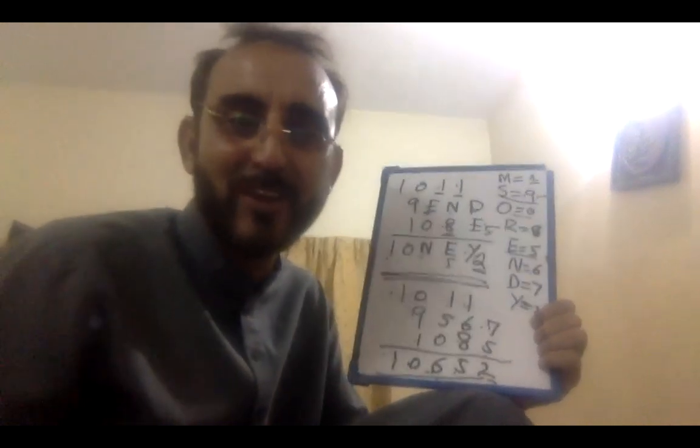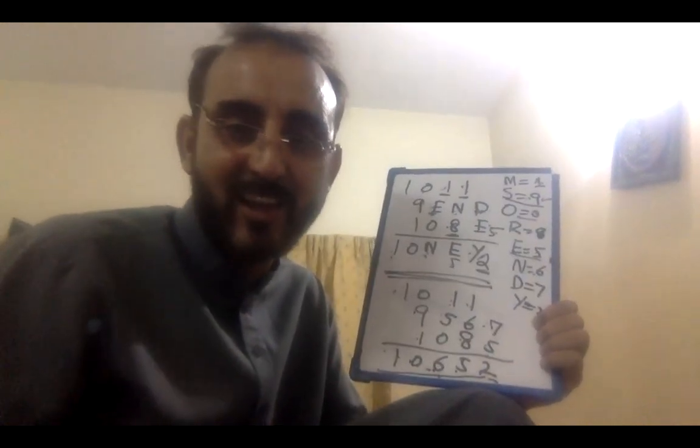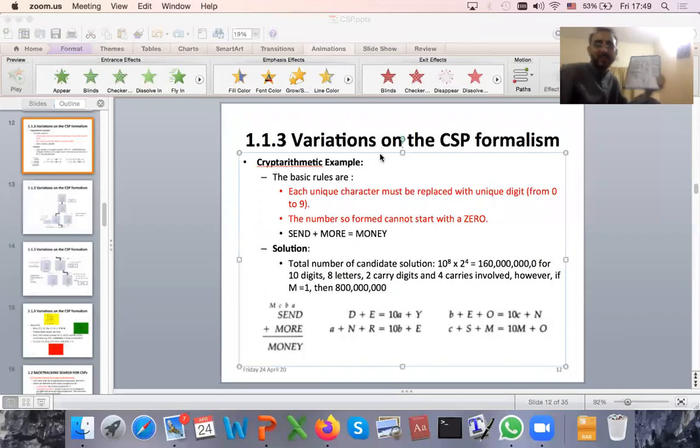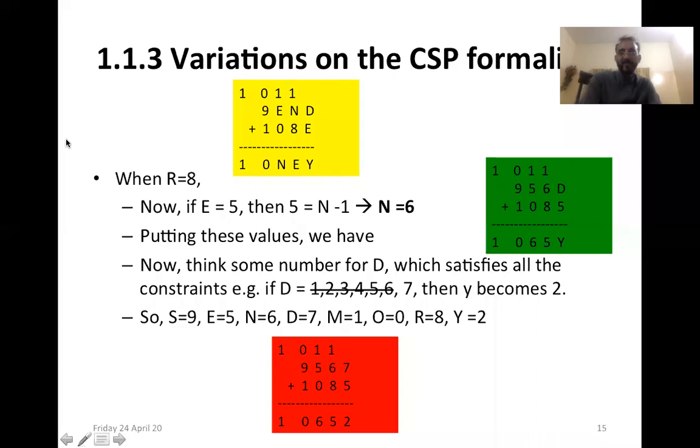So now I am moving to my slides, and I'm sharing my slides again. And I'm leaving this small smart board. Okay, I hope that you are now seeing the slide.